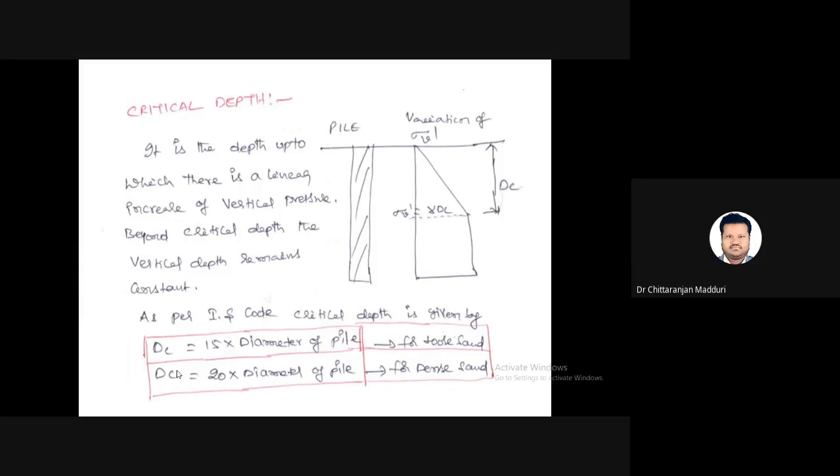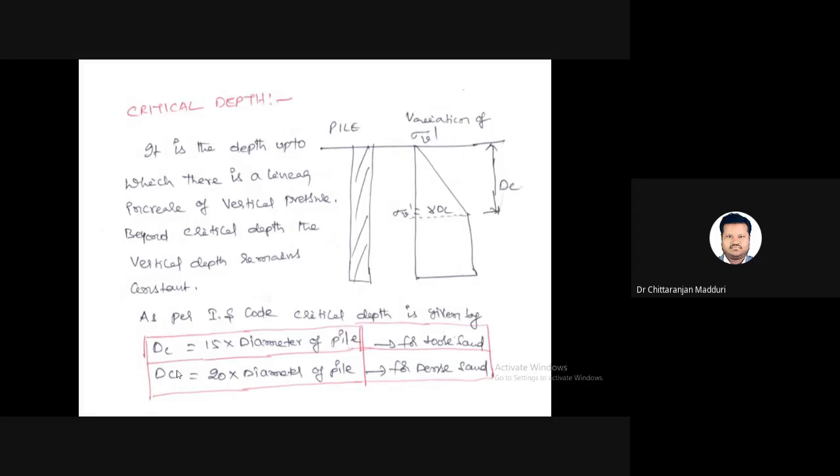Beyond critical depth, the vertical pressure remains constant. You can see in the figure Dc, the critical depth. Beyond critical depth, effective stress is constant.